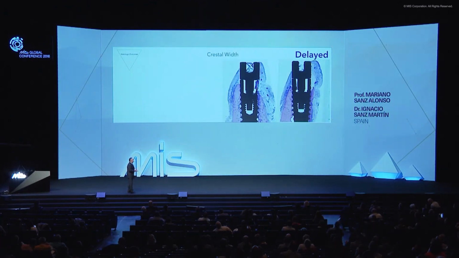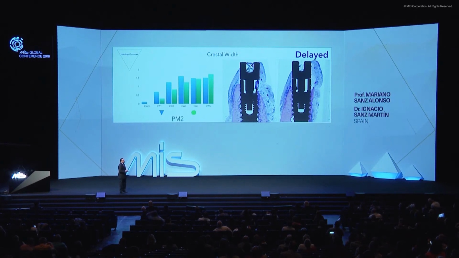First, let's look at what happens in the delayed implant sites. In the delayed implant sites, you can see at the different levels that at 0 level, that is at the peak, we have already some width in the experimentals. We normally don't have anything in the controls.